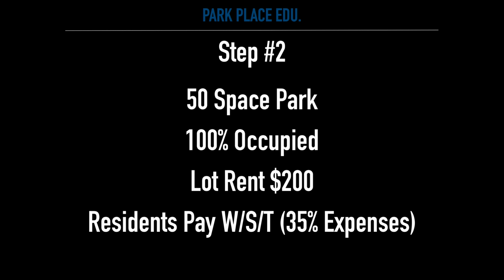Or number two is the seller hasn't done that and they're still on the hook for the water bill, which is essentially the highest cost of park operations, water, sewer. On average, this varies from city to city, county to county, state to state. On average, your expenses are going to be around 35% if the residents pay water, sewer, and trash.